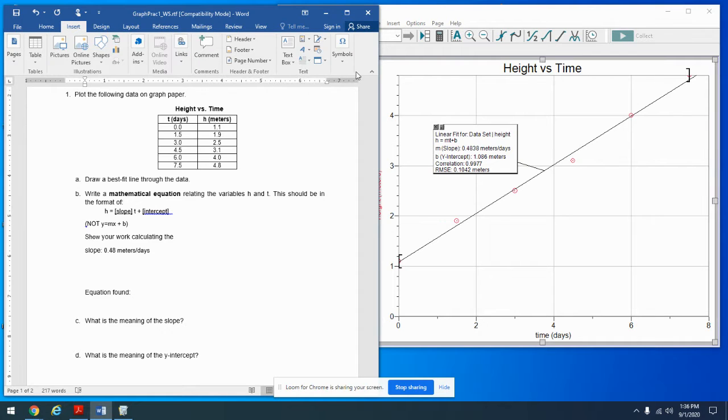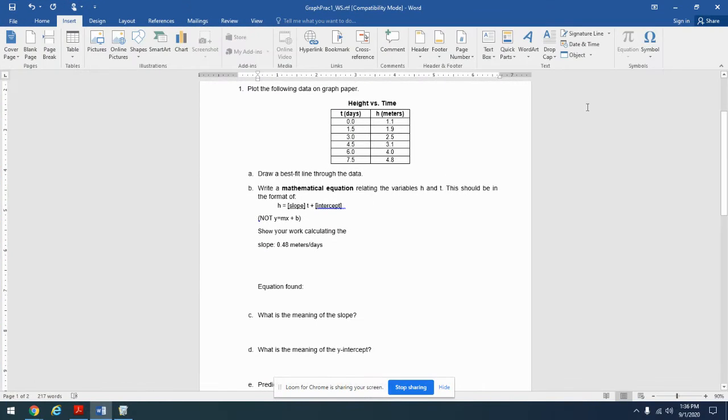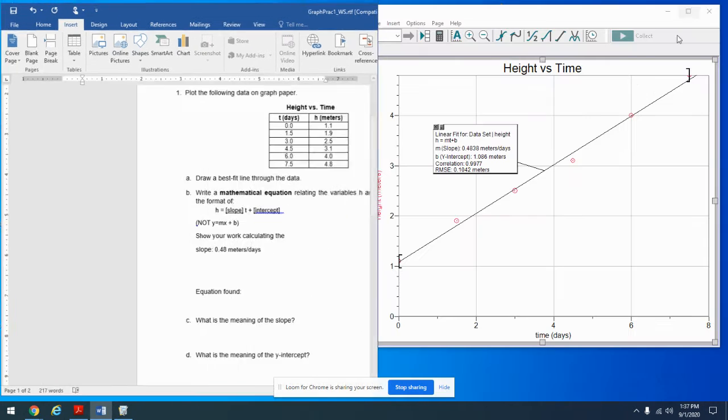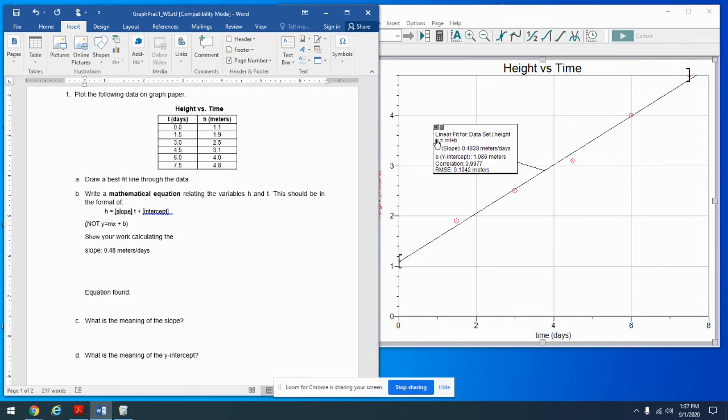Insert. Blow this up for a sec. Oh, maybe because I'm in this compatibility mode, it's not letting me do that. That's interesting. All right, so I'm going to do it without the equation editor. So my equation found is H equals MT plus B. You can see right there.